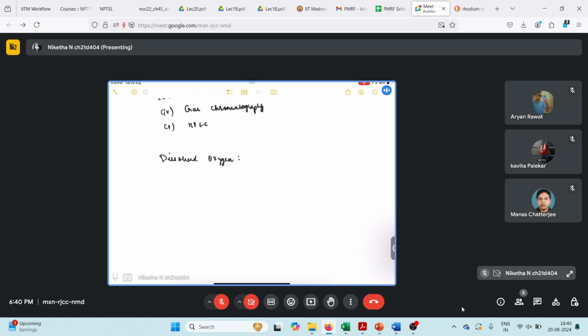What is the saturation concentration of oxygen in water at 25 degrees Celsius? Okay, it is somewhere between 8 to 9 milligrams per liter.